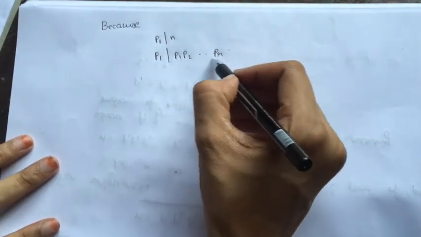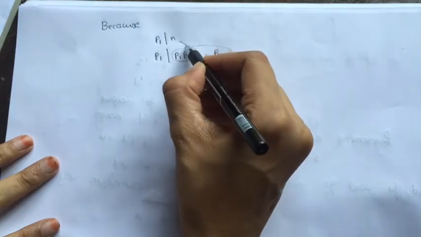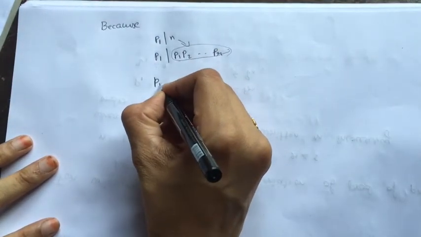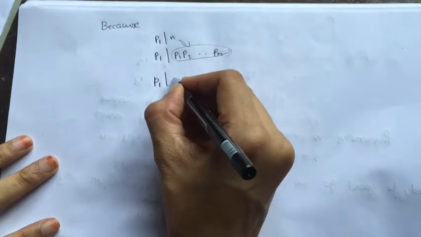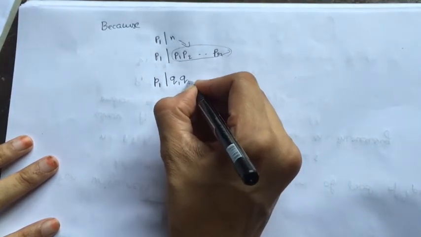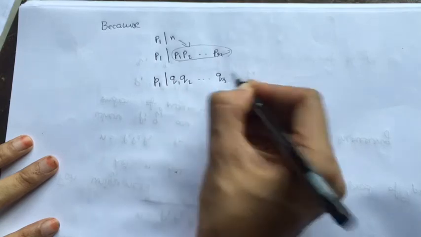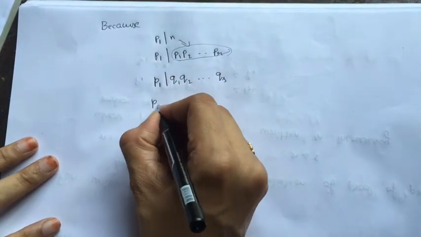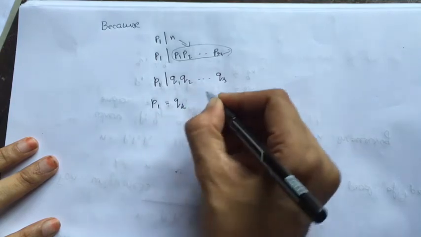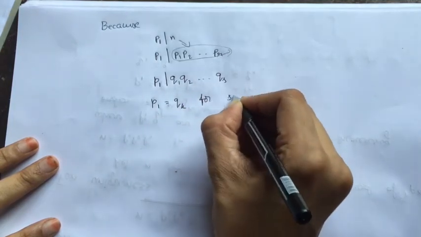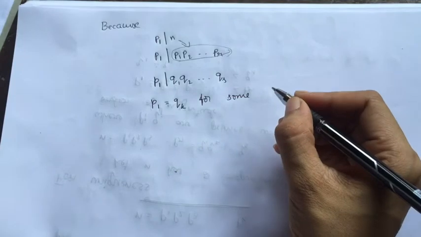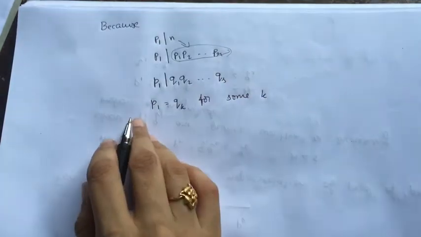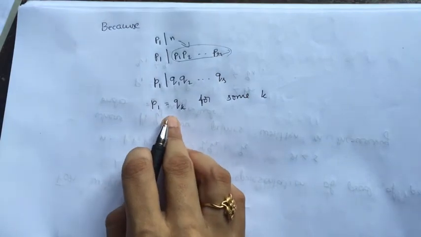Then p1 divides this also. If I use this representation, I can also say p1 divides the product of the other representation q1 q2 up to qs, right? And I can also say p1 equal to qk for some k. For some k, I can say p1 equal to qk.